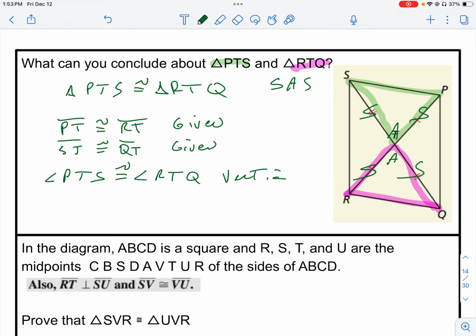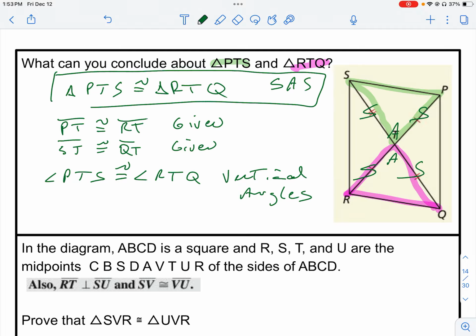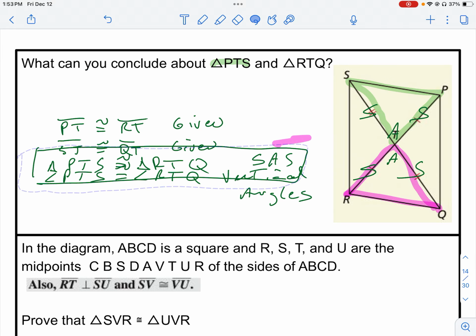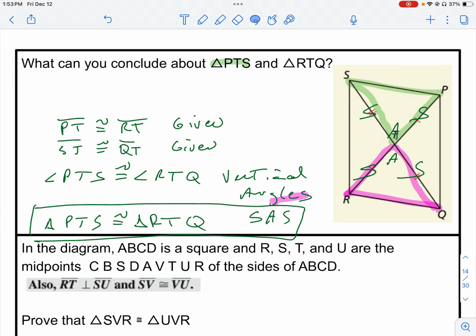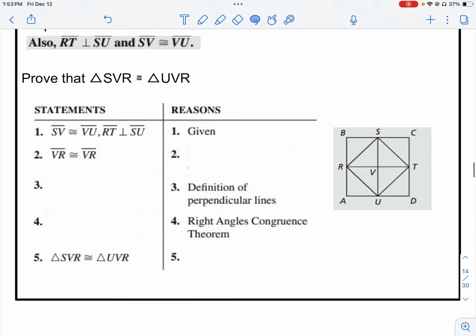Because they're vertical angles. So we can conclude that triangle PTS is congruent to triangle RTQ by side angle side.